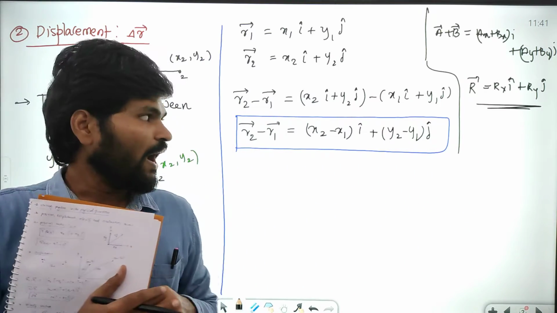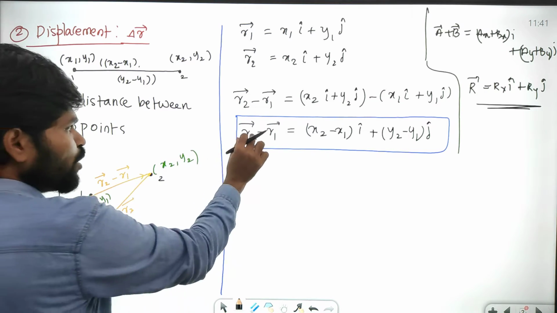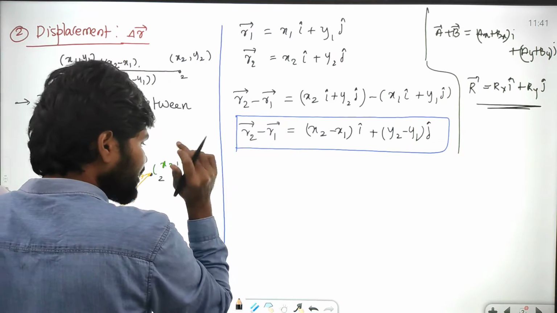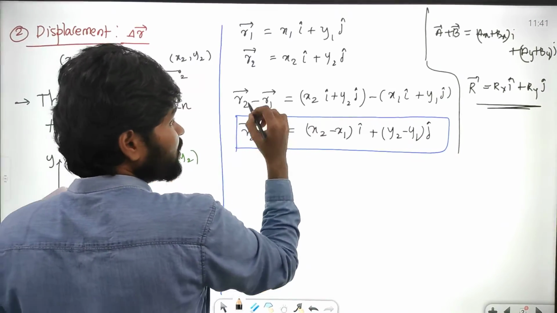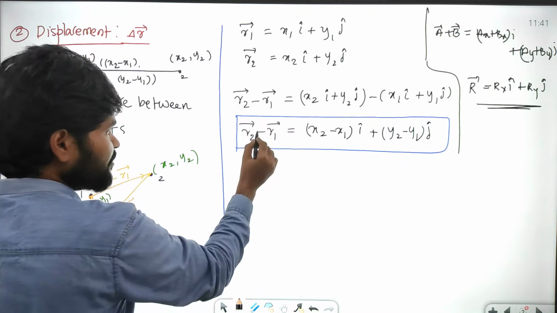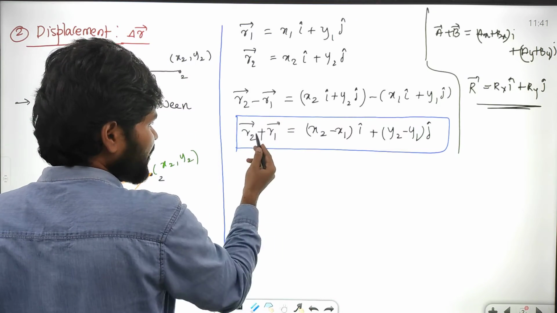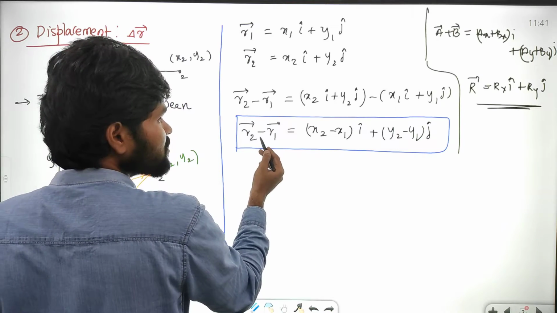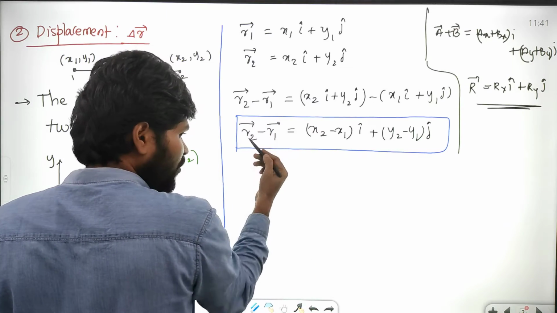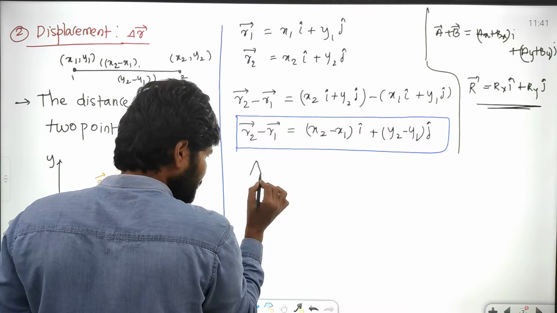Similarly, we have to write this in the simplification form. So r2 minus r1 can be written in the form of a minus. If this is a plus, I can write the r vector. But this is not a plus, this is a minus. So how can I represent minus? I can represent minus with delta.